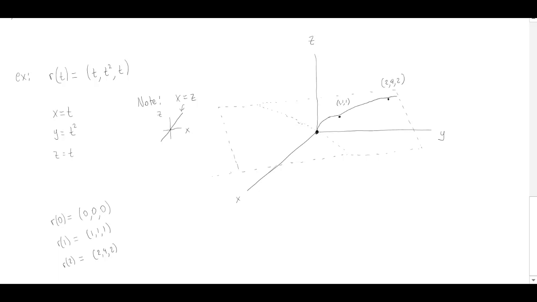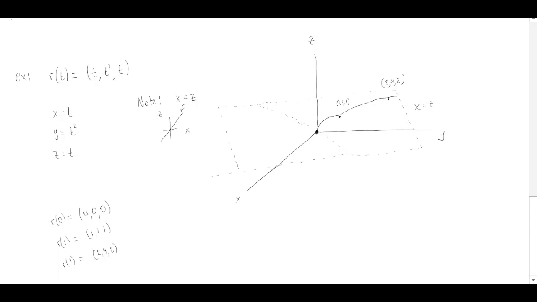All right, but this curve that I'm sketching connecting these points is in the x equals z plane, all right? So the x coordinate always equals the z coordinate. But as x and z increase, y is increasing as well.